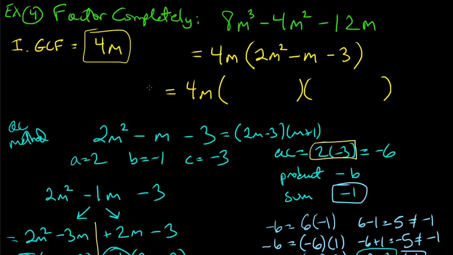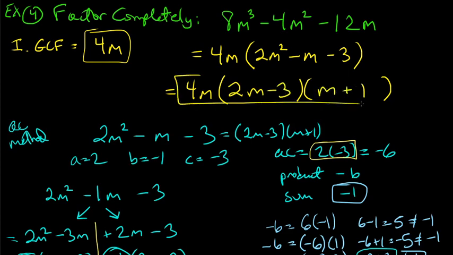Now, for the original problem, don't forget we also had the 4m as the GCF. So now, this factors as 4m times 2m minus 3 times m plus 1. And now we're done, right?